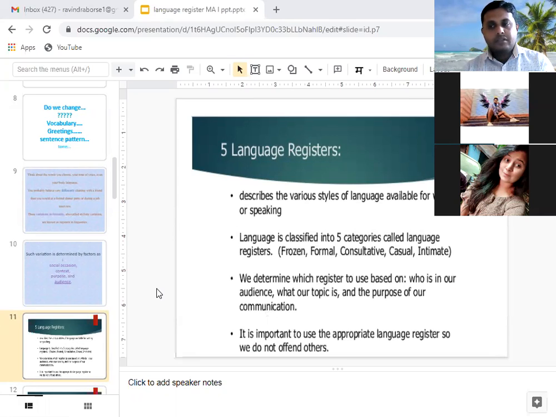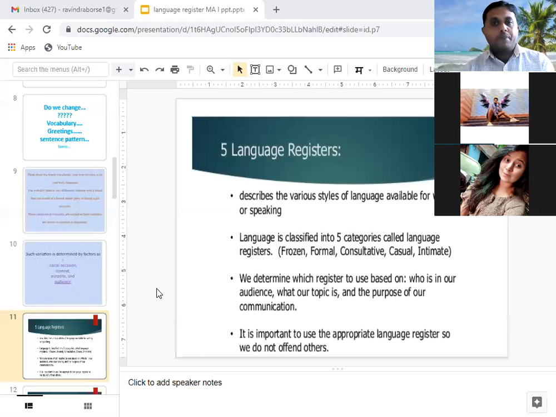So we determine which register to use based on who is in our audience, what is our topic, and the purpose of our communication. So these three are very important factors which decide the kind of language we are having. So before starting our speaking, what we take into consideration: who is the listener, who is the audience.